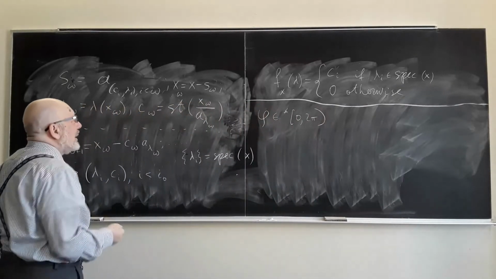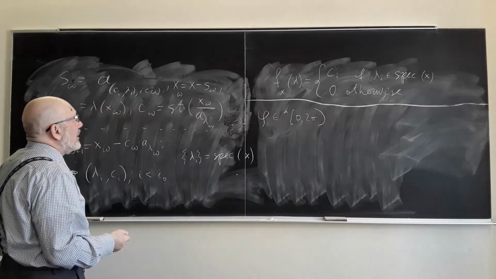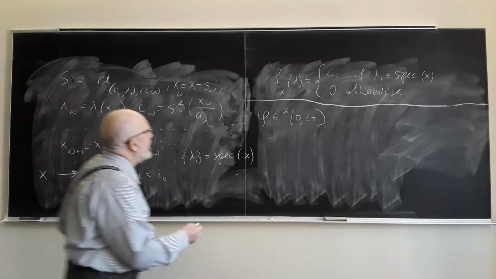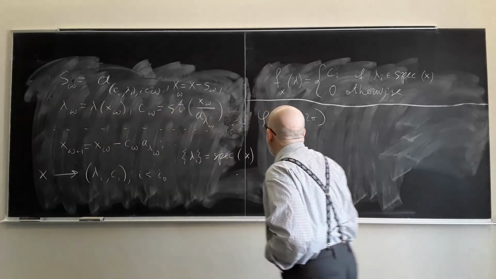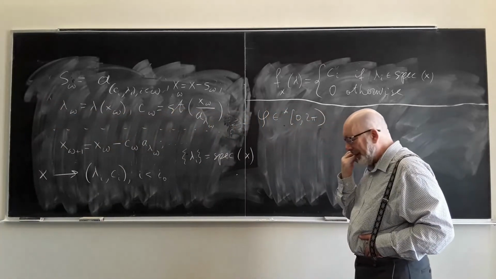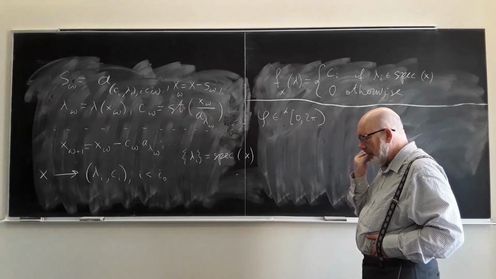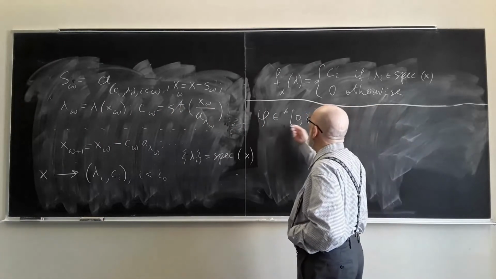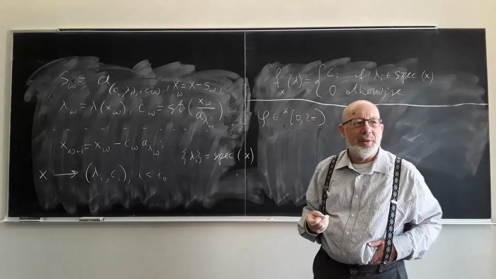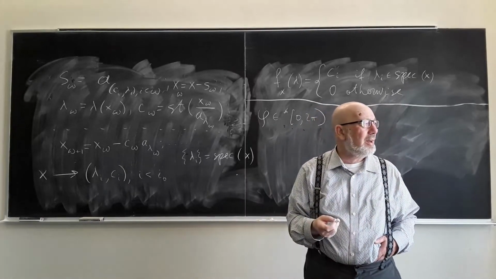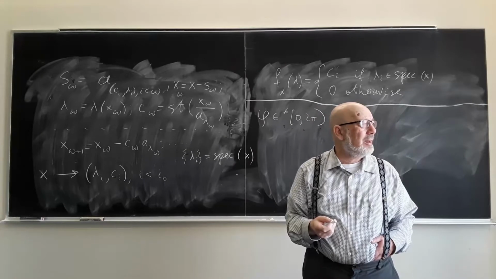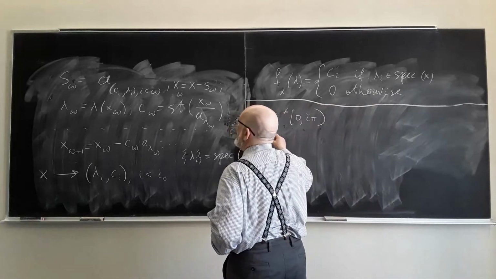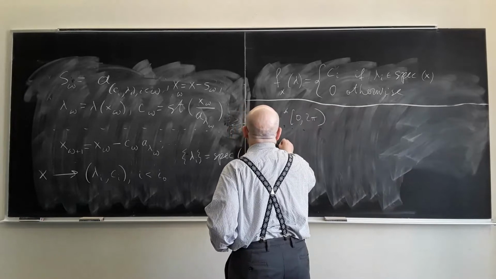So let us start. If phi is not infinitesimal here, then we have here lambda 1.